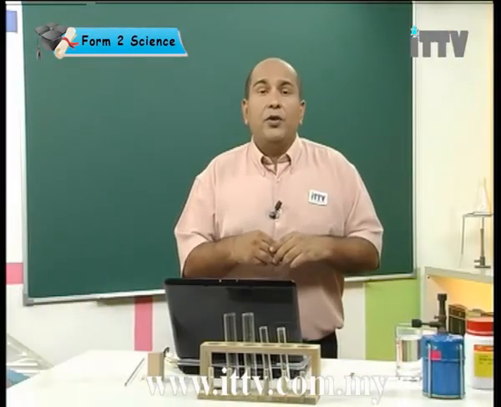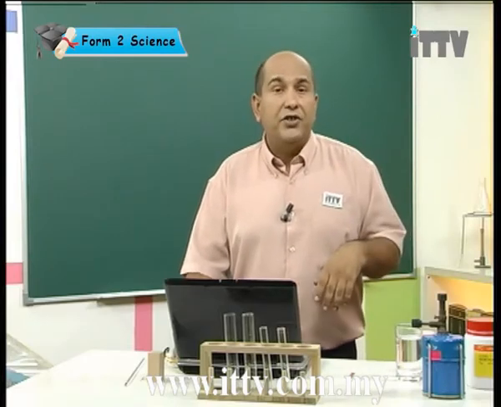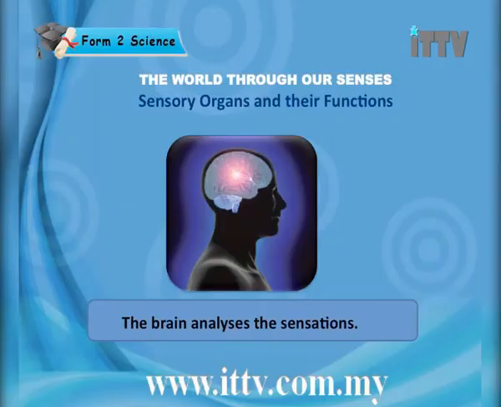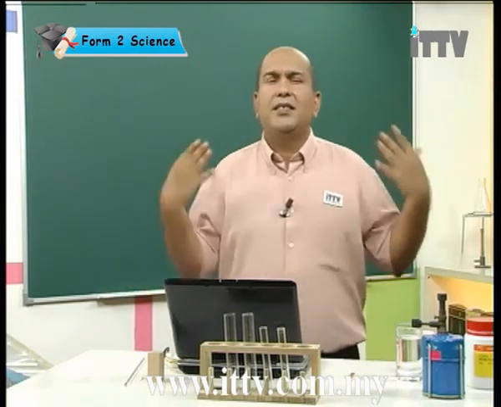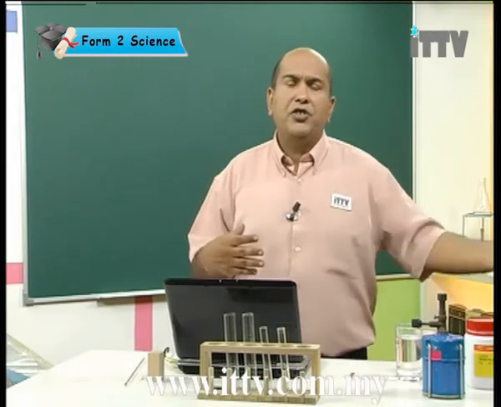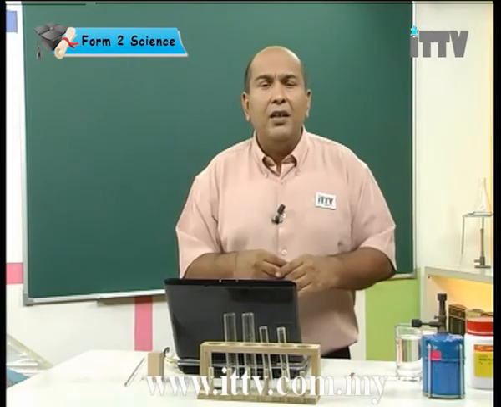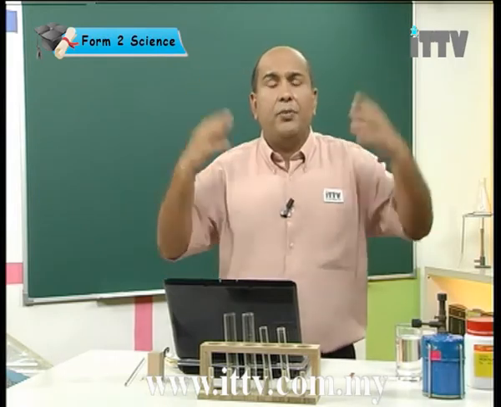Now it's time to continue on. Let's move on to what happens when we reach the brain. The brain analyzes the sensations. Whatever the stimulus is that we've received, whether it's light, sound, pain, hot, cold, pressure, some sort of smell, or some kind of taste, in the end, this information is sent to the brain.